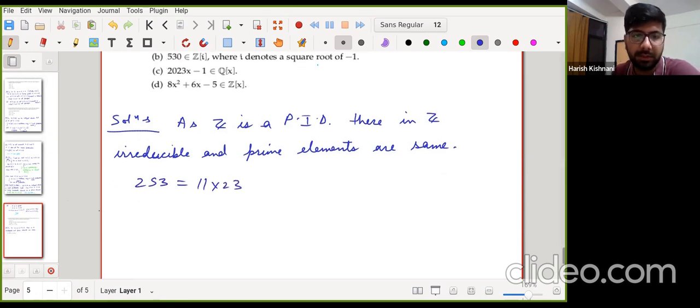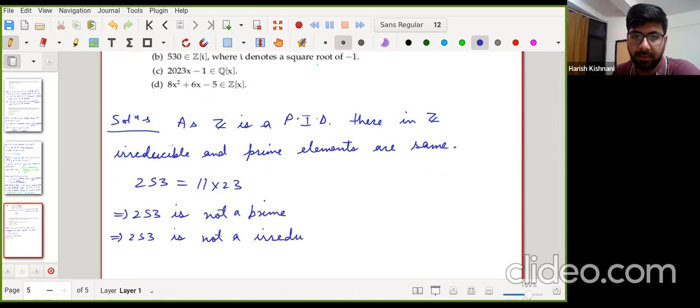So thus 253 is not a prime, and hence it's not an irreducible element. Yes. What about the second one?